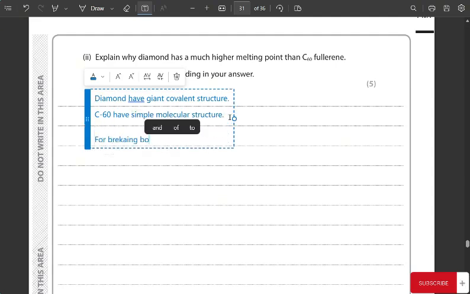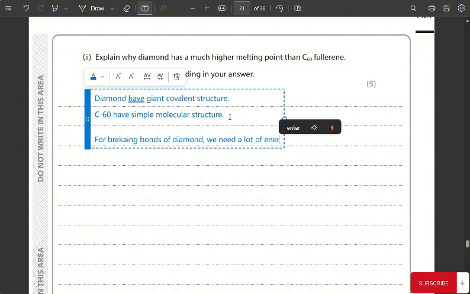For breaking the bonds of diamond, we need a lot of energy. Breaking covalent bonds, okay?